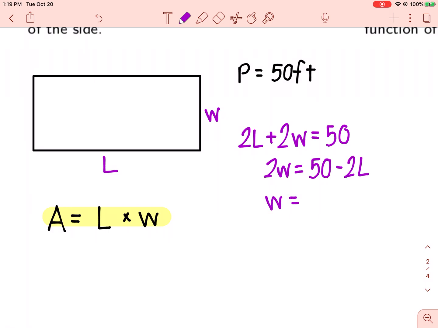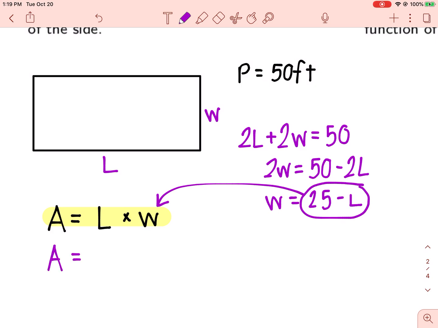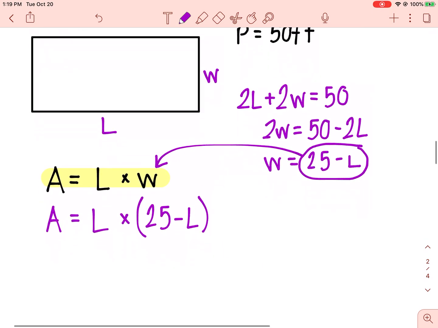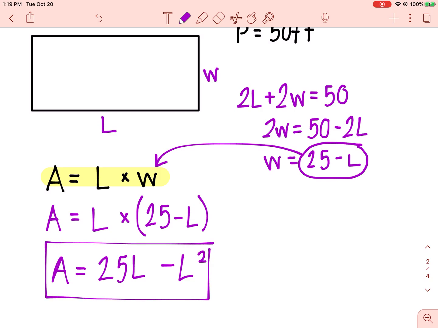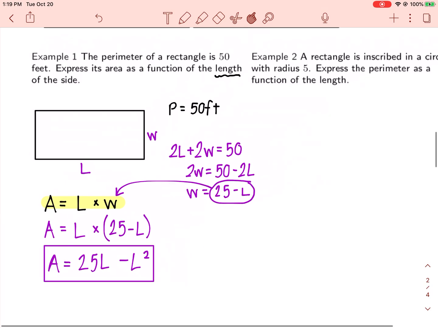So W is 25 minus L. If I take that, plug it into here, I then will have area just with the variable L. So here we go. I'm going to make sure I put my parentheses because that would be silly if I didn't. I know I'm going to have to distribute this now. So my area is actually 25L minus L squared. That answers the problem of area in terms of length.